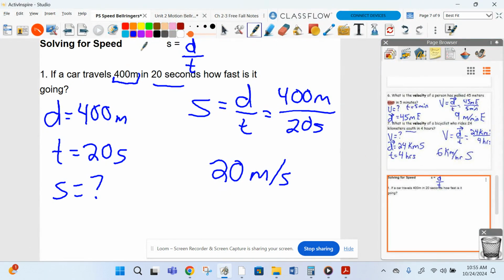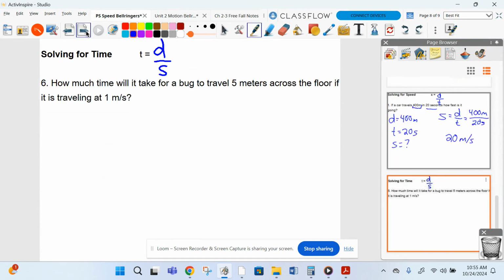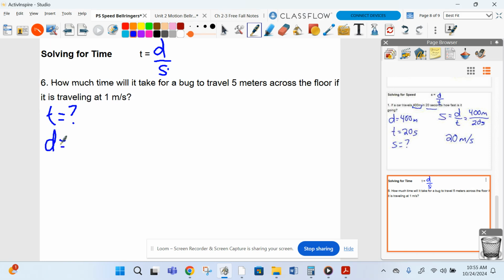If we're going to solve for time, well, how do we do that one? We take distance, we divide by the speed. As I read the question, how much time will it take for a bug to travel 5 meters? 5 meters is a measurement of distance.